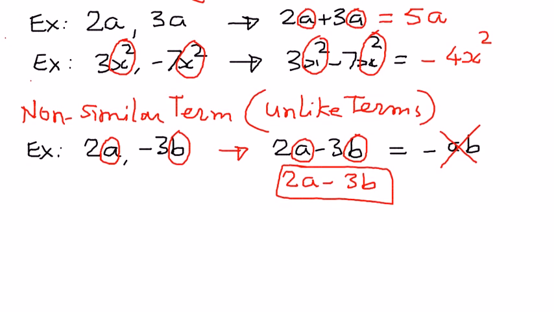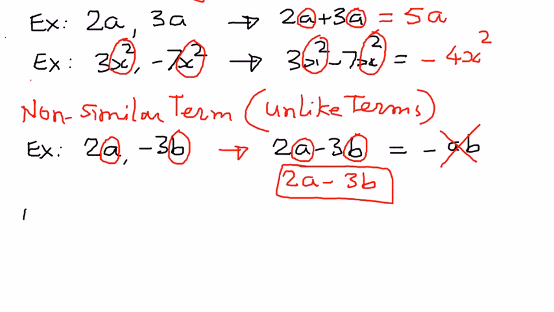Let me give you another example in here, and that way it will give us a good idea as to what similar terms and non-similar terms are. For example, let's say we have 5x to the power of 2, and then let's say we have another term, negative 2x. Even though the base term is x, in the first one we have x to the power of 2.